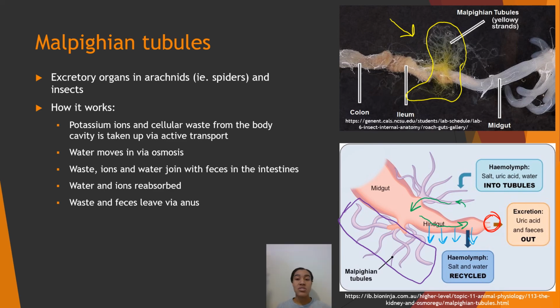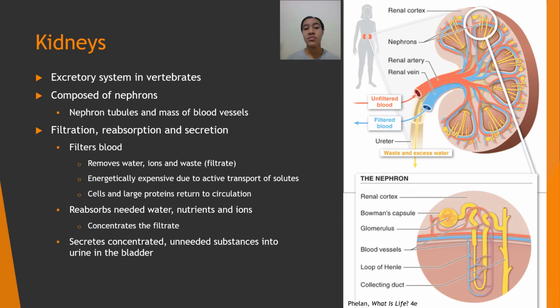And everything else has been reabsorbed. And so this allows for the animal to conserve a lot of water because they reabsorb the vast majority of it. And instead of having water incorporated in their feces, they just release a dry feces instead. So this is the way that arachnids and insects undergo their excretory system.